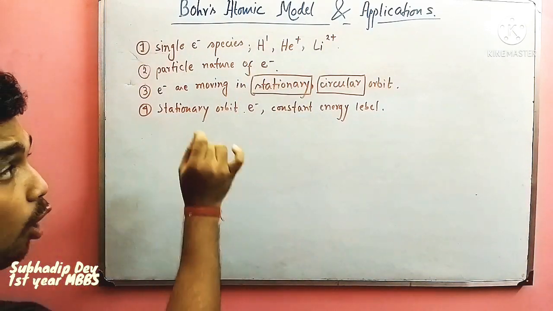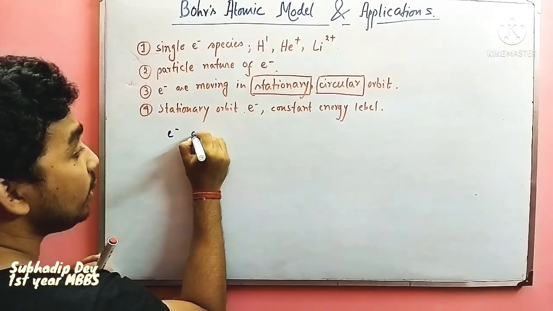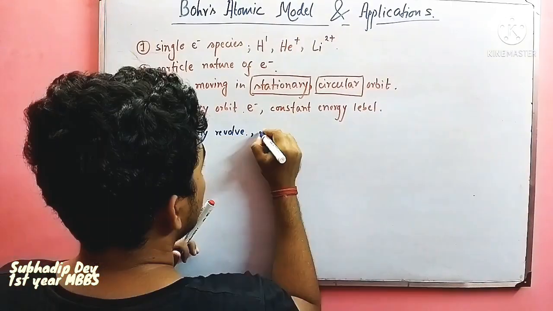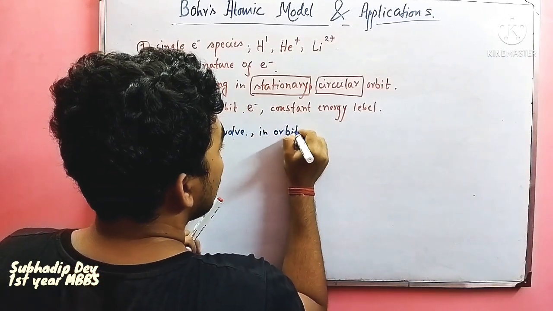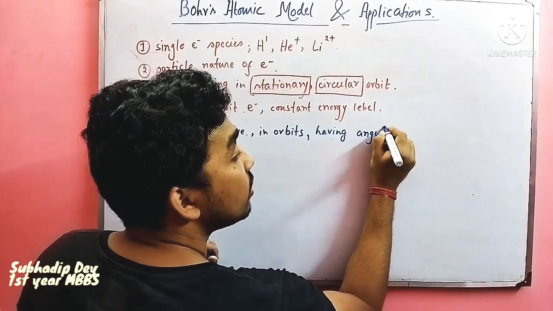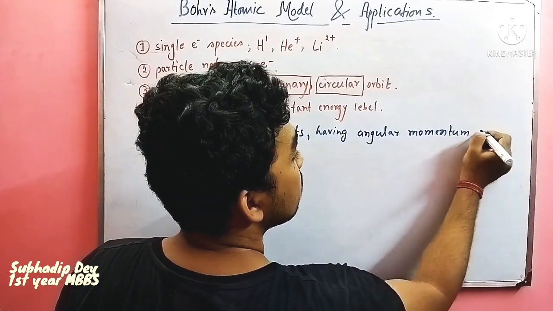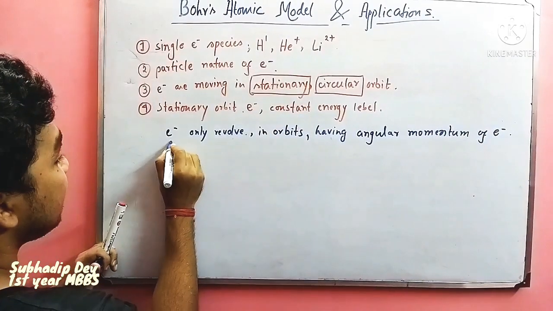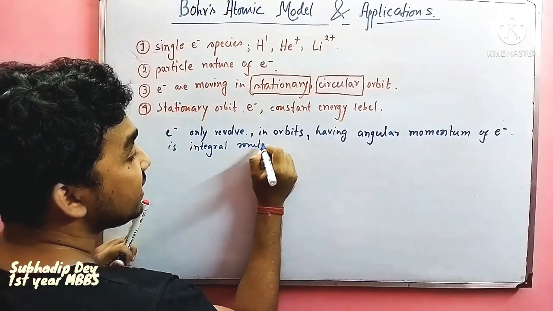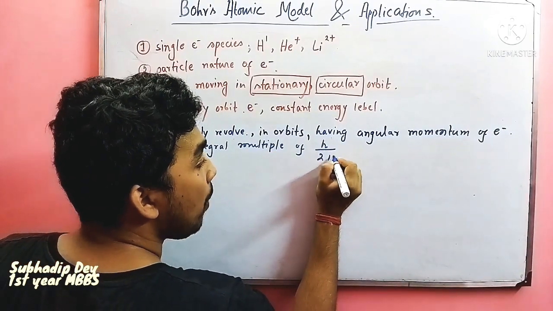Electrons can only revolve, that is, electrons can only move, in the orbits in which the angular momentum of the electron is an integral multiple of h by 2 pi.